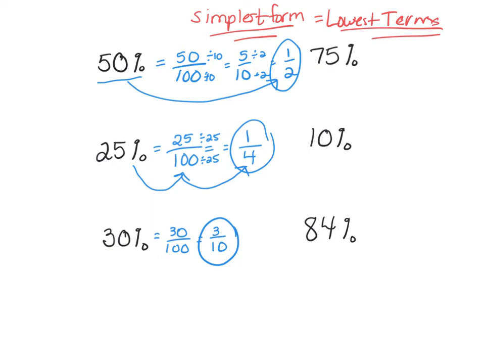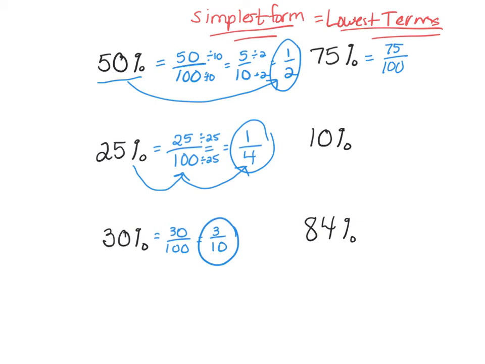So let's do our other 3 examples quickly. 75% I know is 75 over 100. And I can shrink that guy down. I can simplify him. If nothing else, maybe you could look and see that both of these end in a 5 and a 0. That means I can divide them both by 5. However, I'm thinking quarters once again.